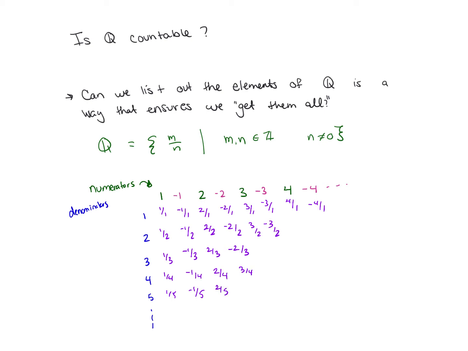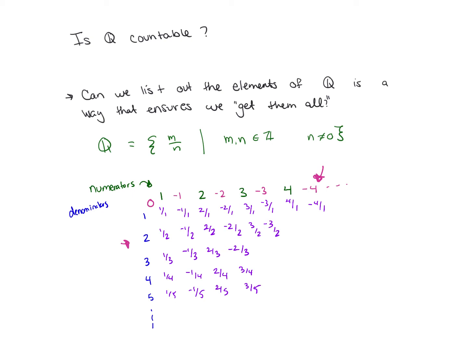Okay, so hopefully you're starting to think about whether or not I'm going to get all of the rational numbers. Every rational number is going to have some positive or negative integer on the top. I guess I should throw in a 0 here. And it could be represented with a positive integer on the bottom. So I certainly, if I fill in this whole square, will get everything. But then I need some ways to list them all out.